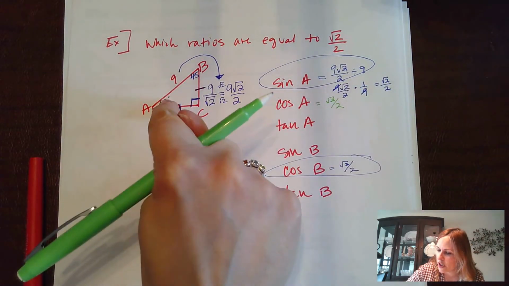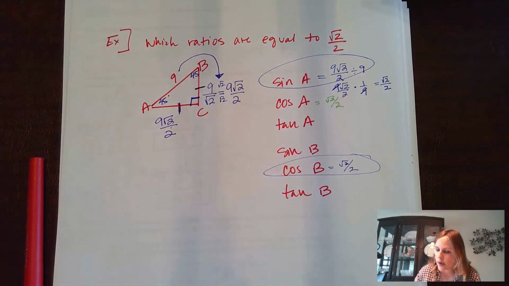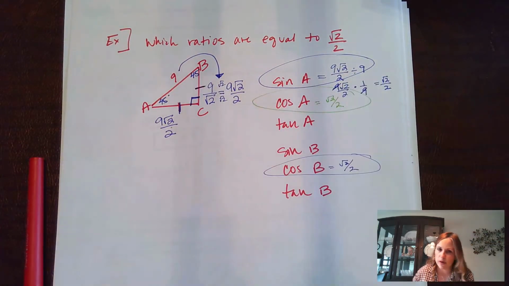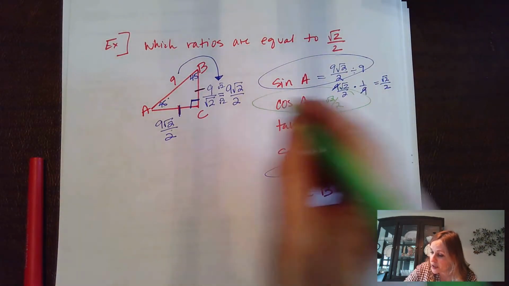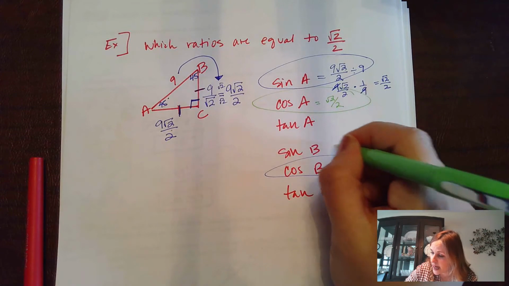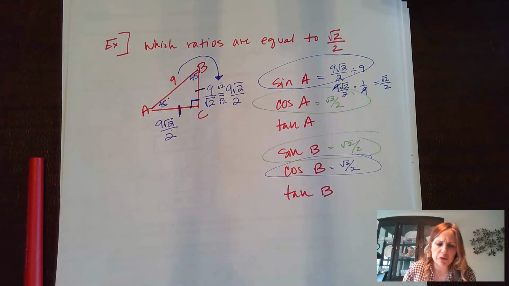Cosine of A is adjacent over hypotenuse, so I get root 2 over 2, which means this one satisfies this equation. Likewise, if cosine of A is equal to sine of B, then this one works. So it looks like all of our sine and cosine ratios are going to equal root 2 over 2.